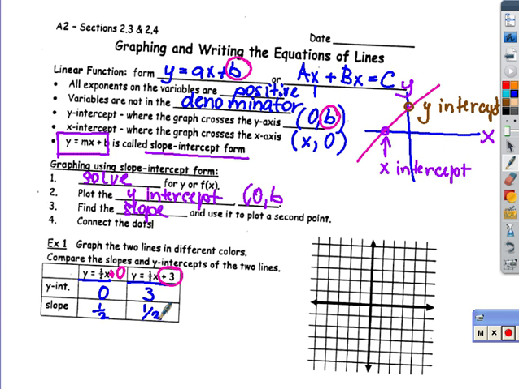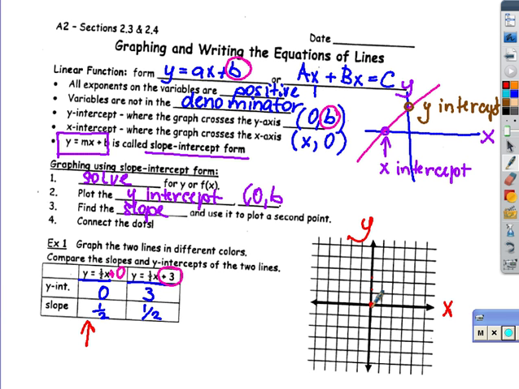I will use 2 different colors. Let's use red for this one. This is the x-axis, this is the y-axis. Our y-intercept is 0, which means it crosses the vertical axis at 0.